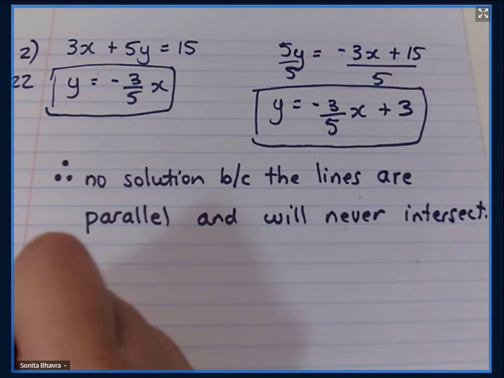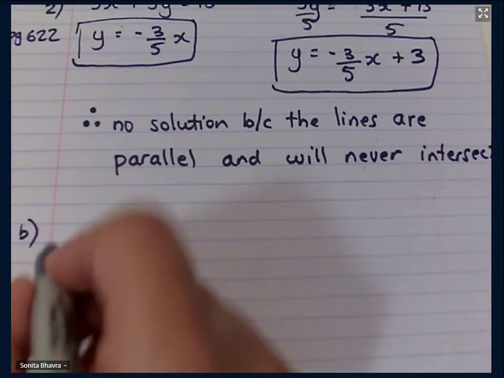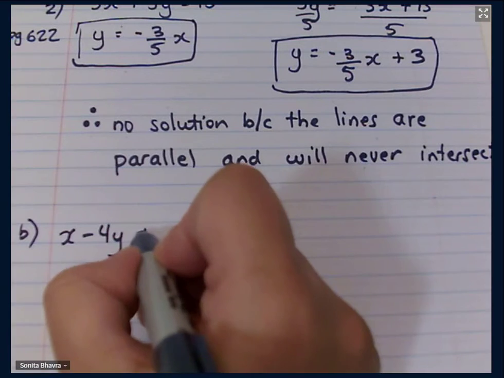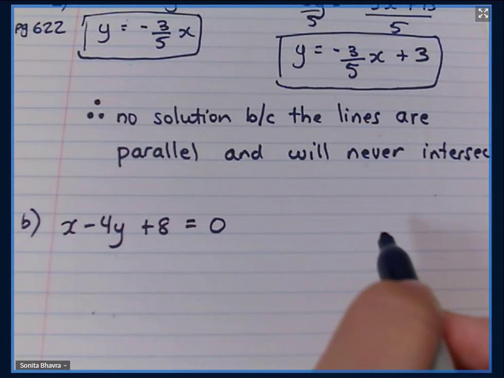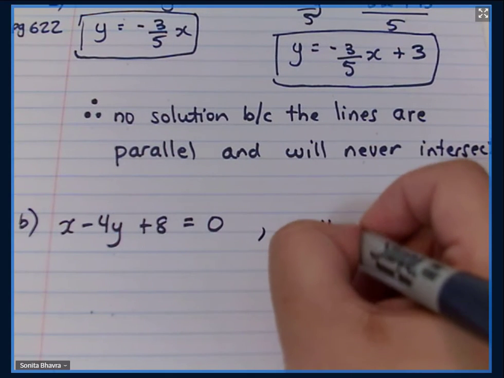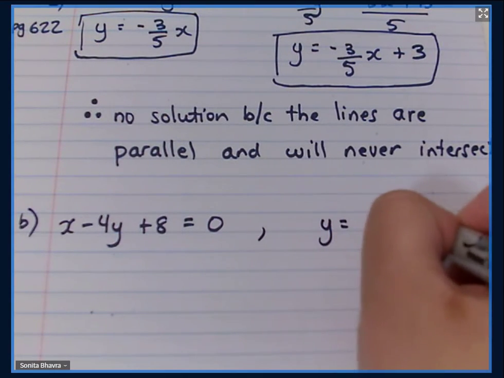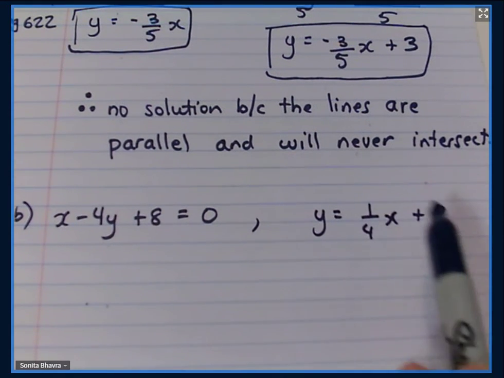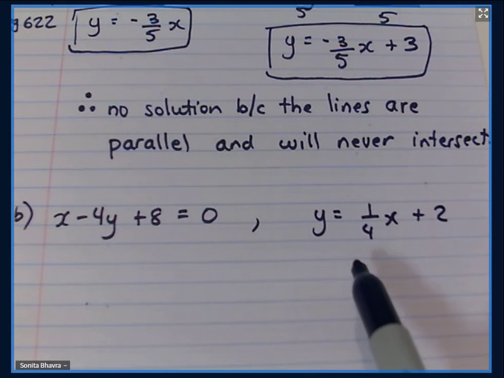Next, we have two lines again. First line is x minus 4y plus 8 equals 0. And our second line we're given is y equals 1 over 4x plus 2. All right, so this line is already in slope-intercept form, so we don't need to change anything to that line.